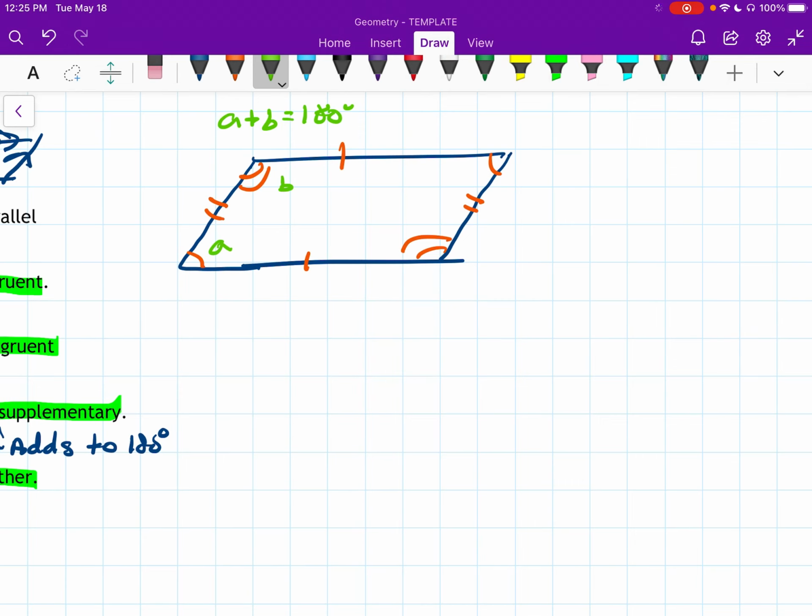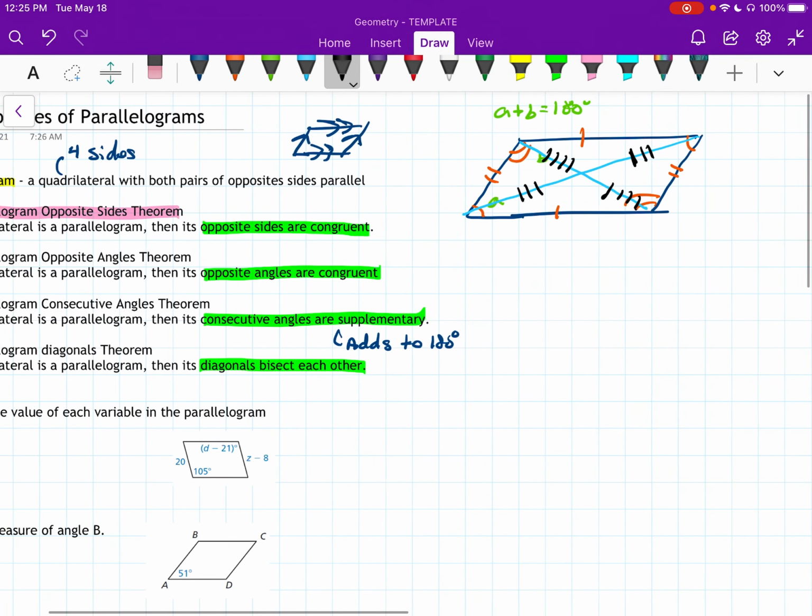Those are the consecutive angles. And then additionally, and this is probably going to mess up my picture, the diagonals bisect each other. So if these are my diagonals, then this is congruent to this, and that is congruent to that. Okay, those are all things that we could know from these theorems here.